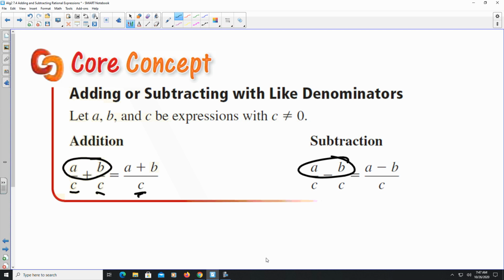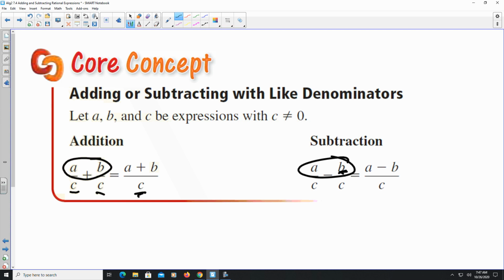What I would advise you is to be really careful, especially when it comes to subtracting. Make sure that when you're subtracting, especially that part B, if there's multiple terms, you remember that all of those values get subtracted, not just the first term.